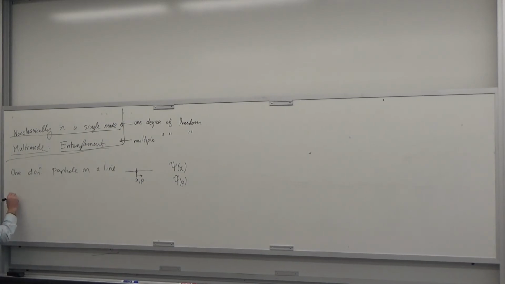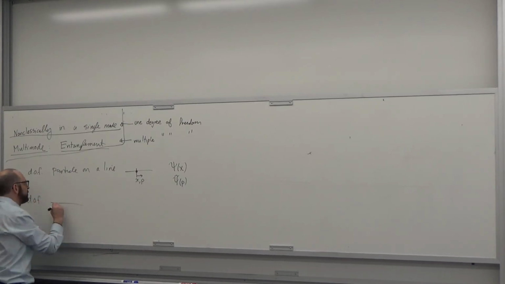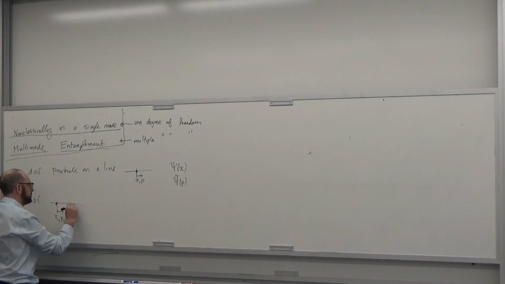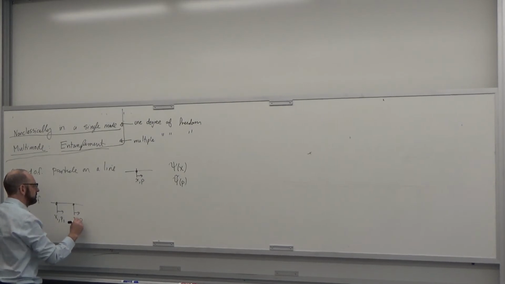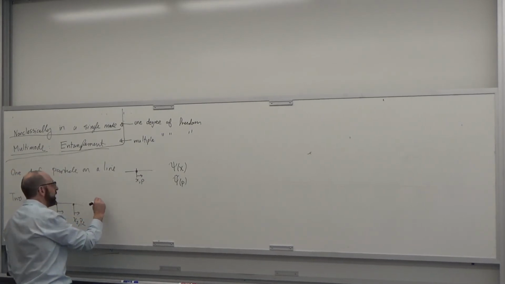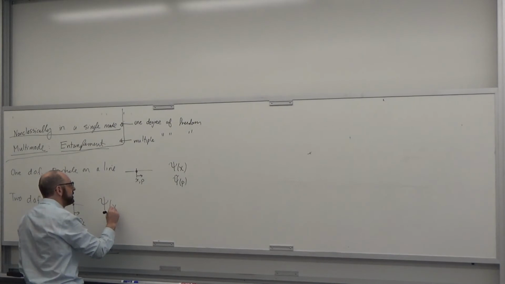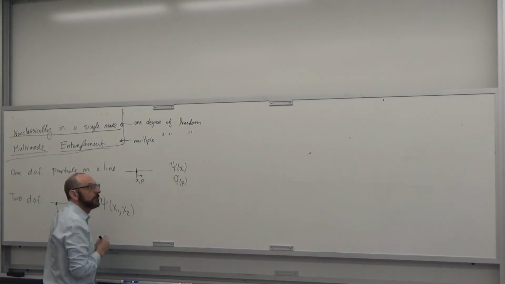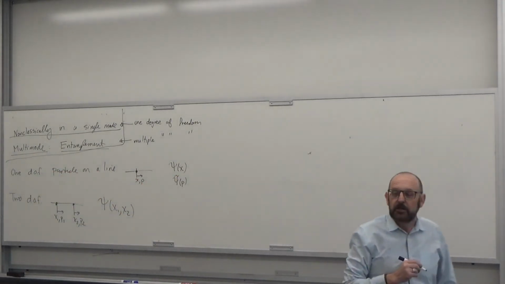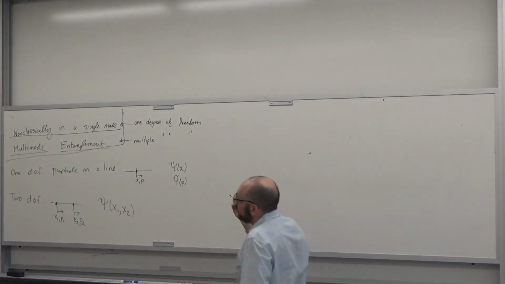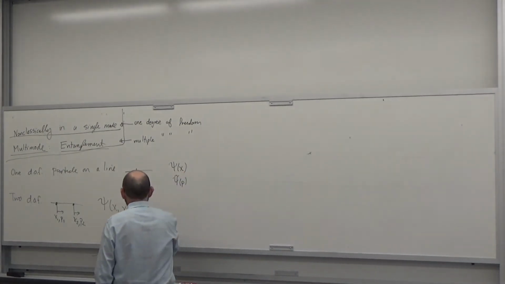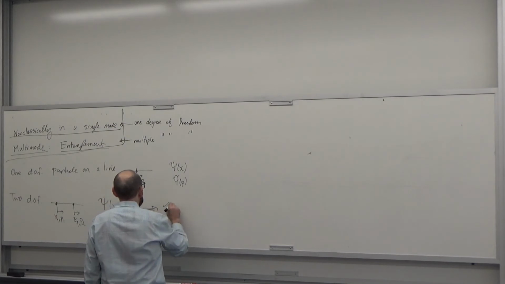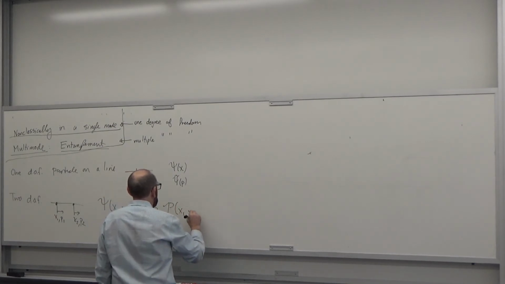Think about, say, 2 degrees of freedom. Think about 2 particles on a line. Now, of course, I can write down the wave function for, say, where the 2 particles are in X, and I can write down a probability distribution, probability density.